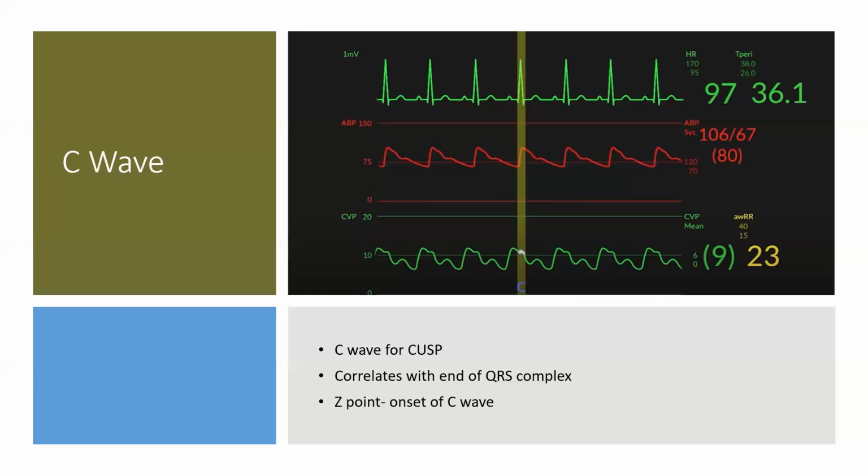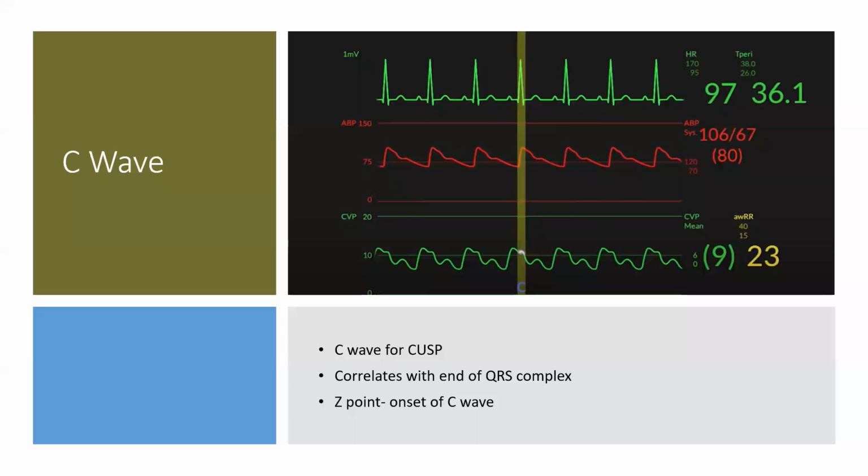So whenever we are measuring CVPs, we're measuring it at the start of the C wave. So it's not the A wave that we're measuring the CVP. We're going to measure it at the start of the C wave.